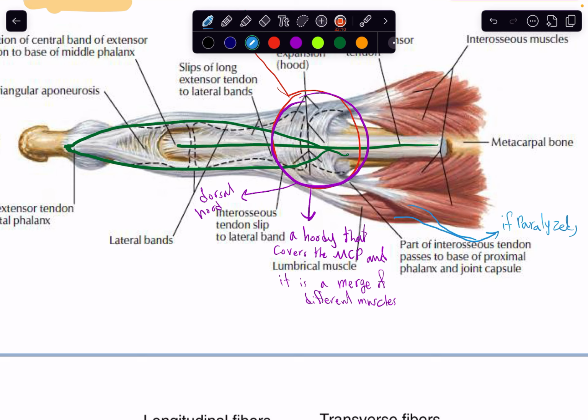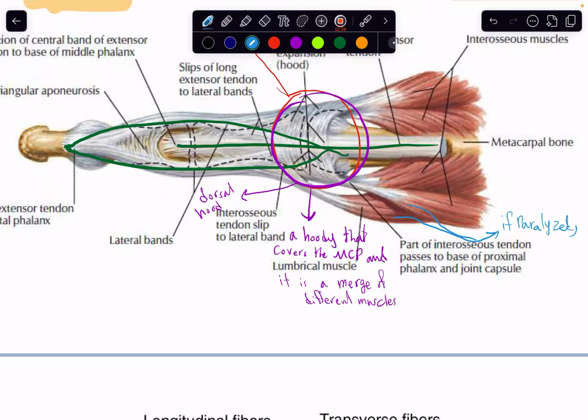When the lumbricals and interossei were acting, it was bending the metacarpophalangeal joint. Now they are paralyzed. Interossei and lumbricals are not working. They are not pulling from the front, right? Then what will happen? The dorsal tendon, the extensor digitorum longus. What is the nerve supply of this muscle?